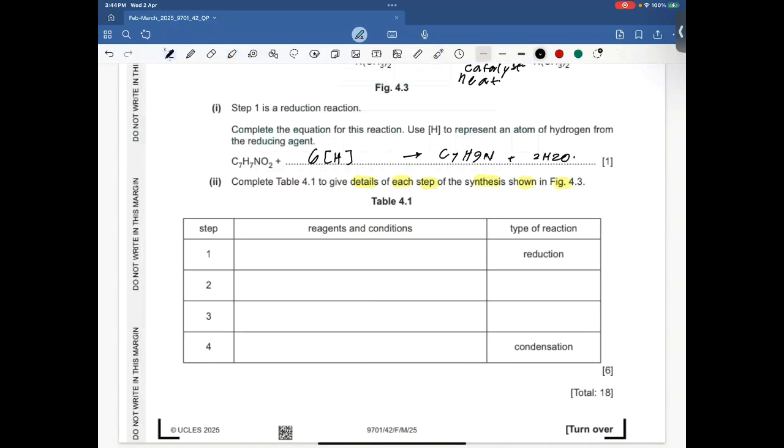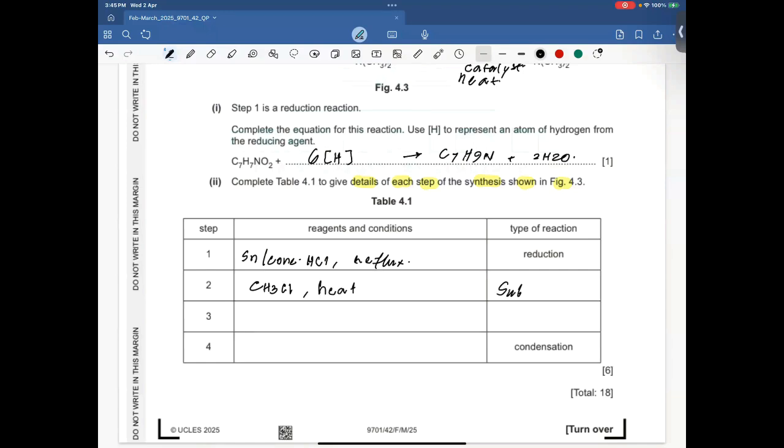Step 1, reagent. Tin concentrated HCl. Condition is reflux. Now in step 2, I'm going to use alkyl halide as a reagent under heat.